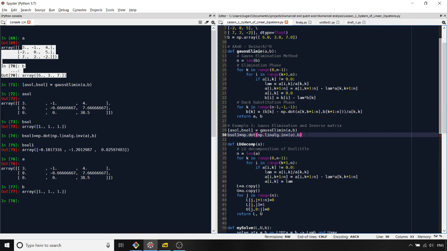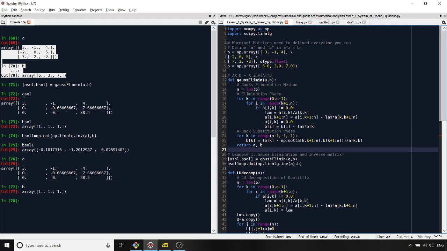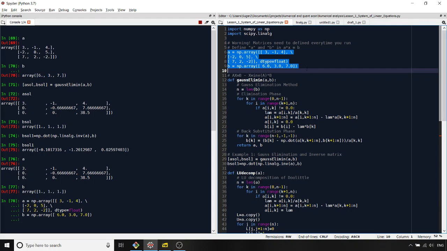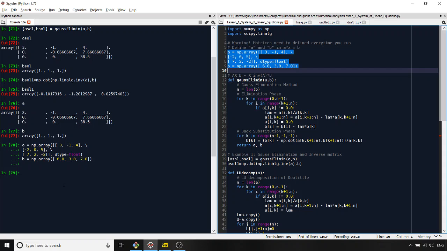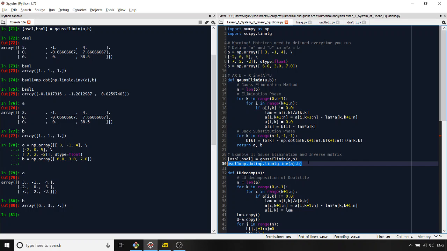They don't need to be named A or B in the function. They can have different names, but if we plug our variables into the function, it will do all the operations and our variables will be changed. So we should redefine the variables, and we redefined them. Now we have a proper A, B, which we can use to calculate the correct solution.